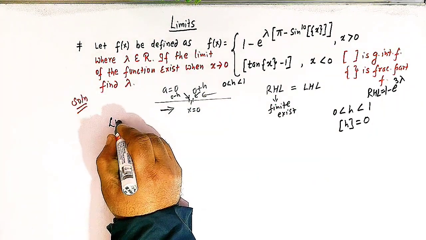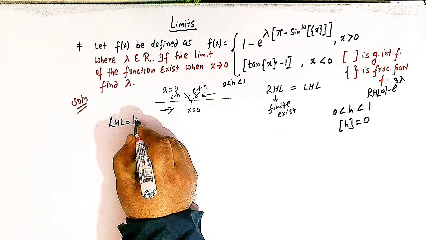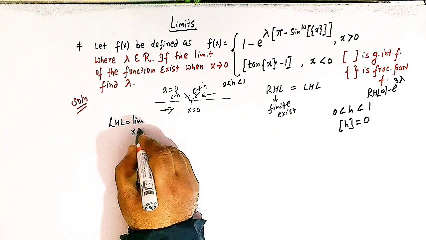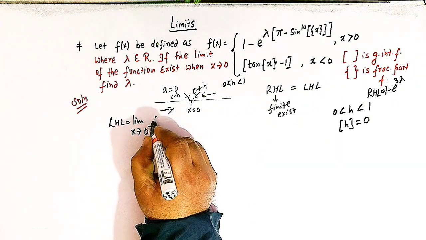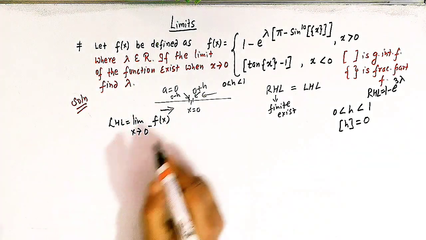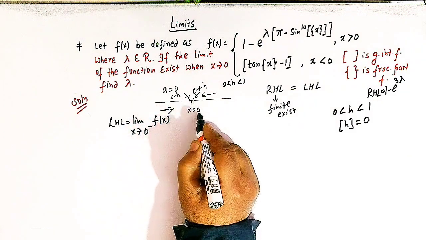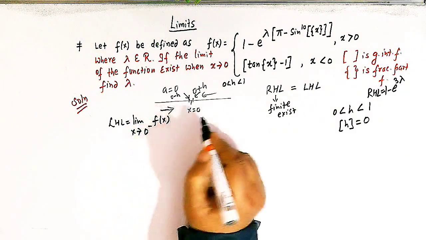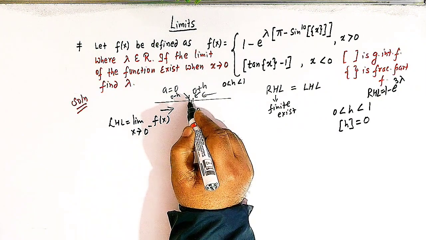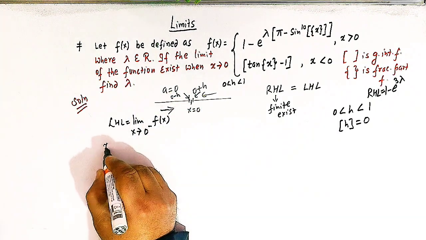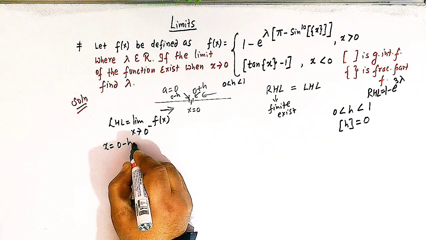So the notation for left hand limit is limit, and here we have x tends to 0. We put a negative sign over here. Then we have f of x. So when we approach towards x is equal to 0 from the left of x is equal to 0, then we have a point in the left neighborhood, that is x is equal to 0 minus h.